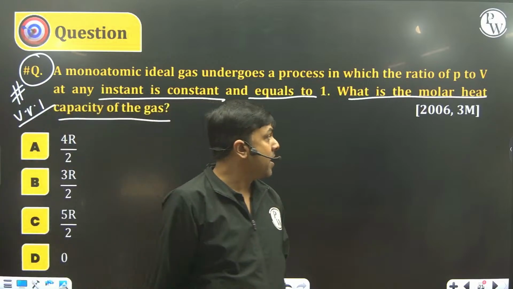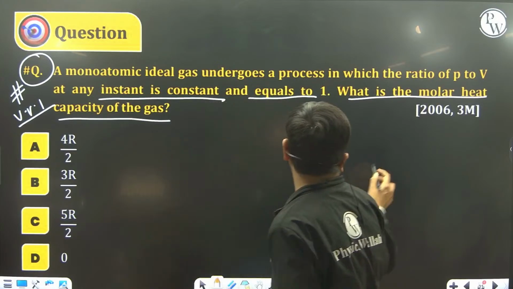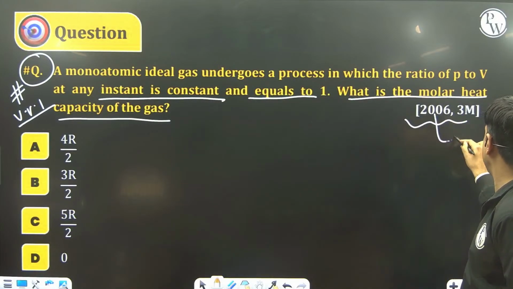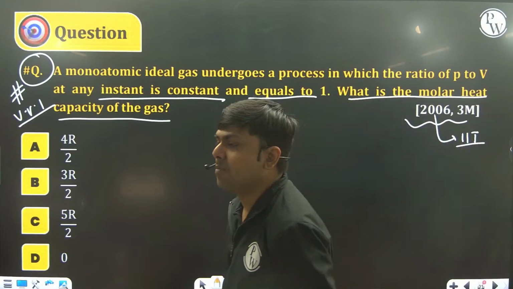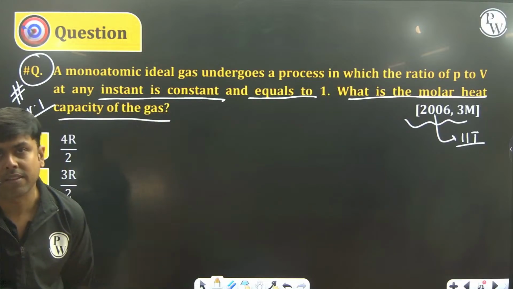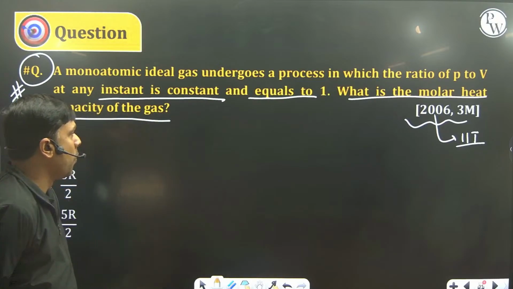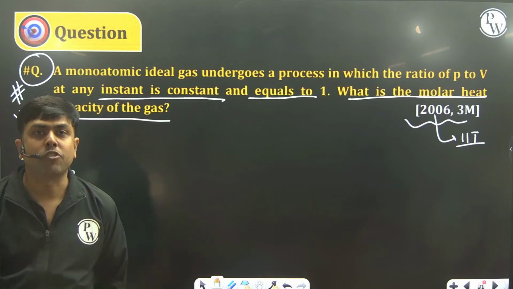It has been asked in JEE Mains, JEE Advanced. This particular question was even taken in JEE Advanced, the IIT paper, 2006, a 3 marks question. Very important concept, may be asked anytime. So while doing this question, please be attentive and try to solve it ASAP.